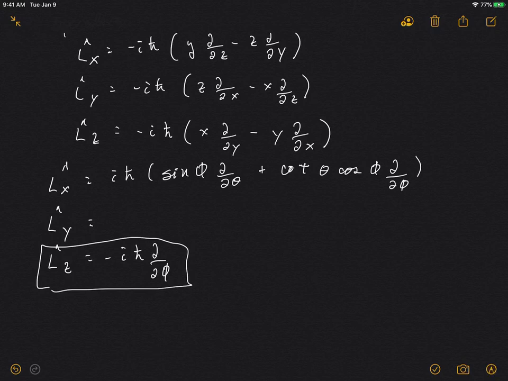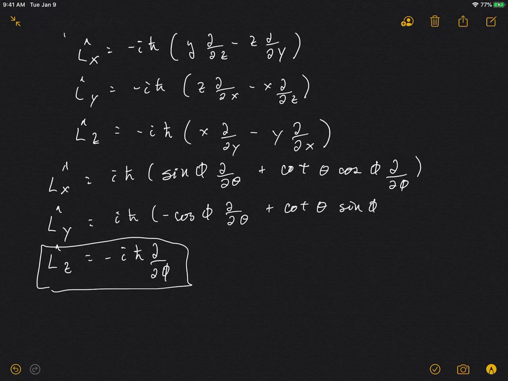and the other one, we're not really going to use these, but just in case you're curious, I don't want to make it seem like I'm hiding something: minus cosine phi d/d theta plus cotangent theta sin phi d/d phi.